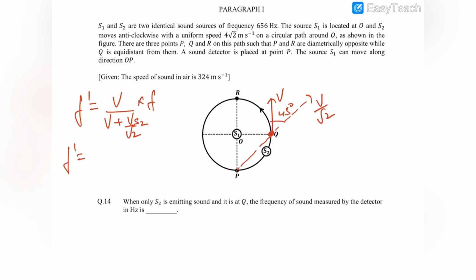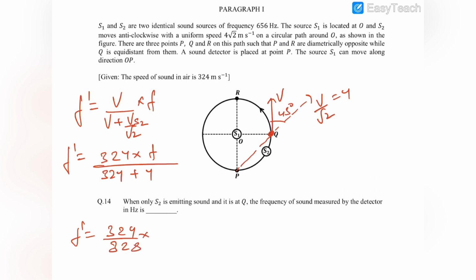So F dash would be 324 upon 324 plus V by root 2, which is 4. So F dash is equal to 324 upon 328 into 656. So this is 2 and it would be 648. So the correct answer of this one is 648.